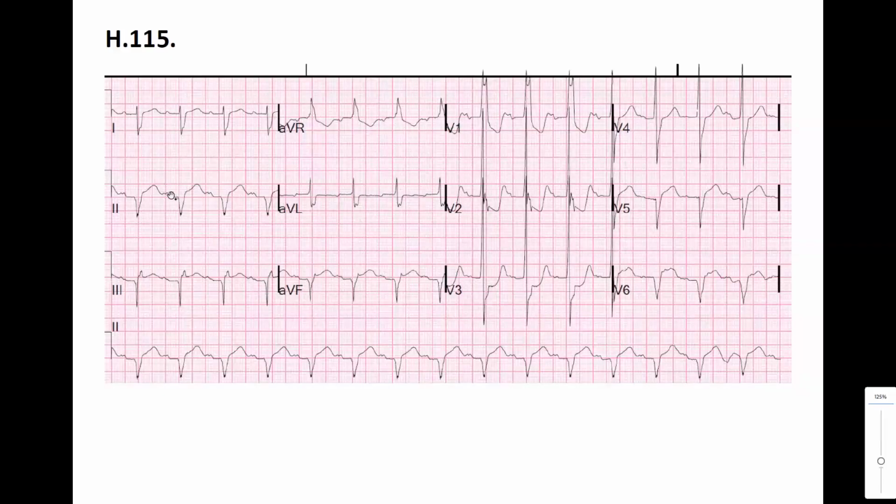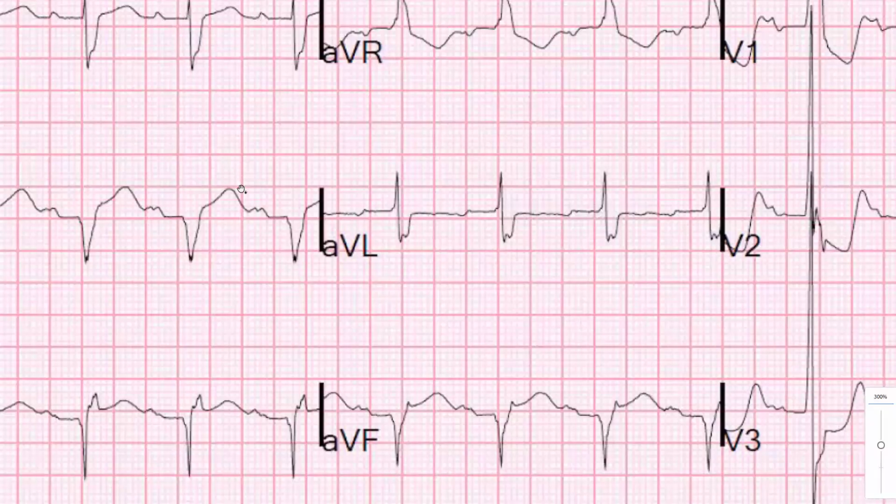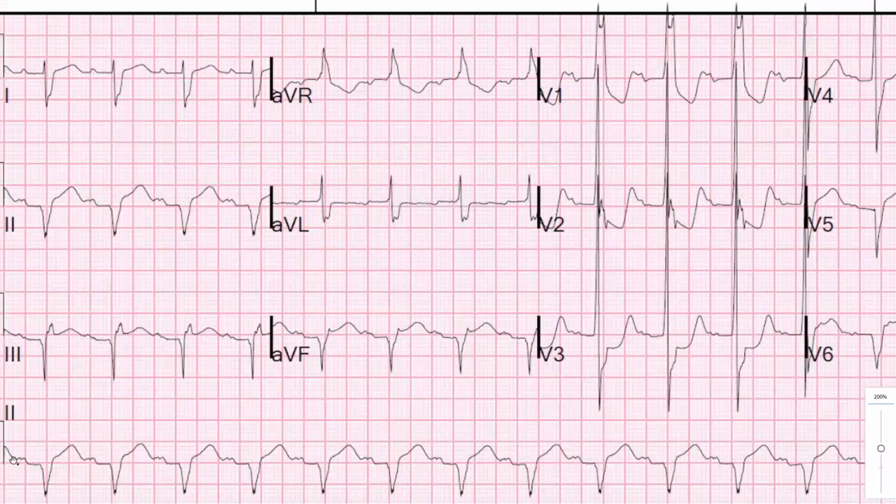Do we have P waves? Yes, but it's notched. Yes, it's notched.